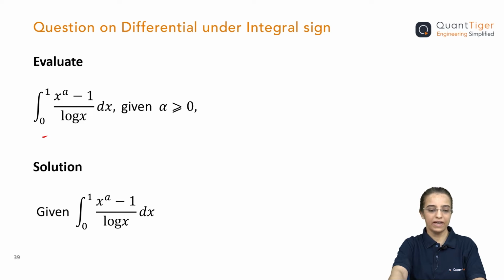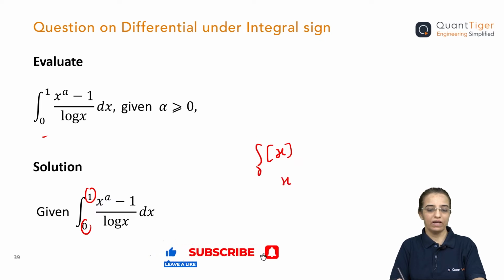Why? Because if you integrate this given function with respect to x, we would get something in terms of x, and whatever limits, this constraint, has been given, those are for x. For example, if we integrate x, after integrating we get x square by 2, and we put the limit values for x.